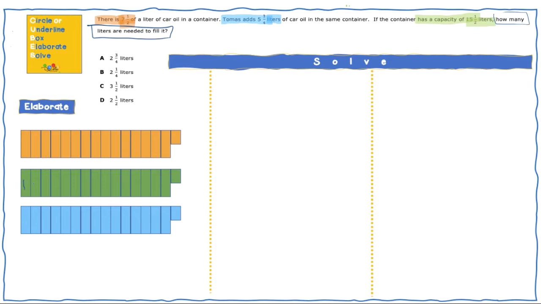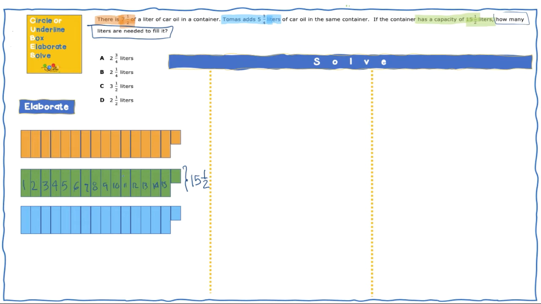So I'm gonna say, okay, this is 1, 2, 3, 4, 5, 6, 7, 8, 9, 10, 11, 12, 13, 14, 15, and 1/2. Exactly, this is 1/2. So all of this is 15 and 1/2, which is the whole capacity of the oil container. So inside this one we have to fit everything.